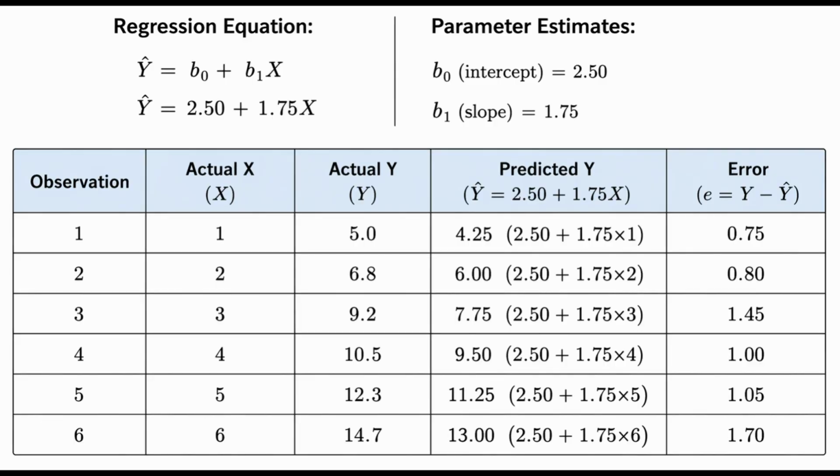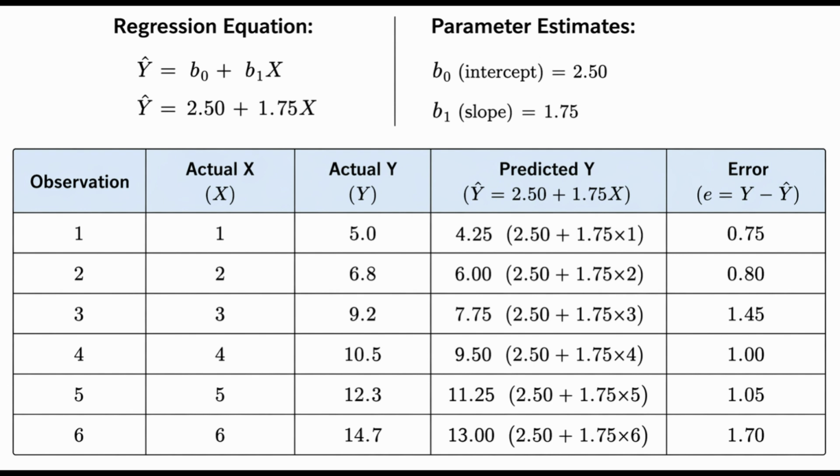Let us walk through a simple regression example to understand how predictions and errors work. At the top, we have our regression equation. Y hat equals 2.50 plus 1.75 times x.